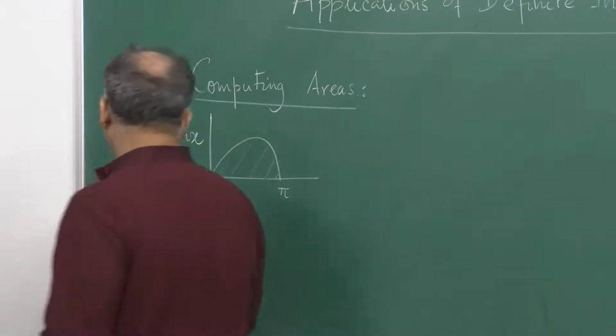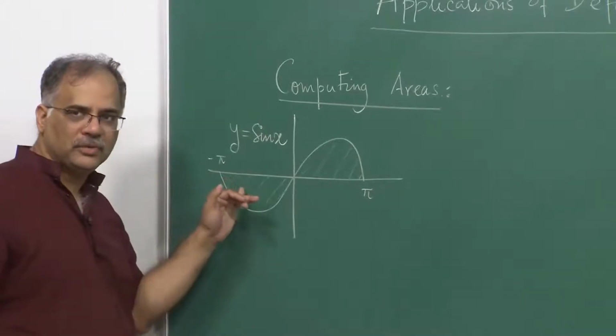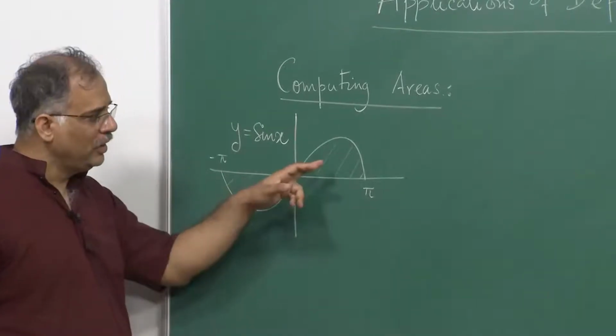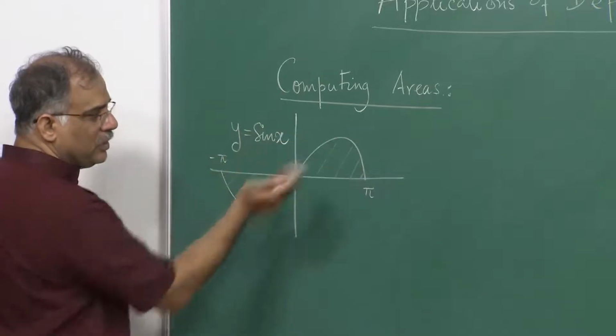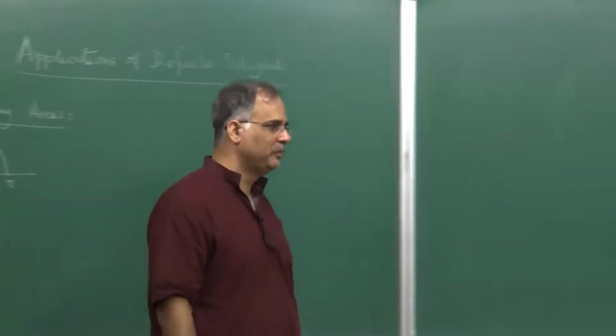If I am walking in the counterclockwise direction, the area is always on the left. So this area would be positive, while for this other area, taking the counterclockwise direction, it is on the right. So that area would be negative, and they would be equal and they will cancel.